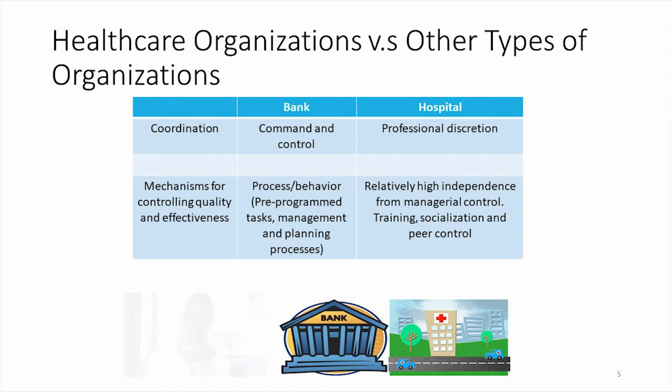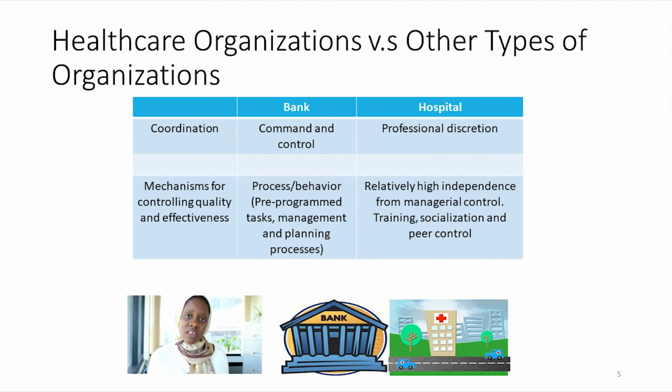So in the bank, for coordination, there's a large reliance on the command and control approach. That means that managers at different levels of the organization use downward communication of explicit knowledge and commands in order to coordinate work. And for controlling quality and effectiveness, they use pre-programmed tasks, management planning processes and so on.